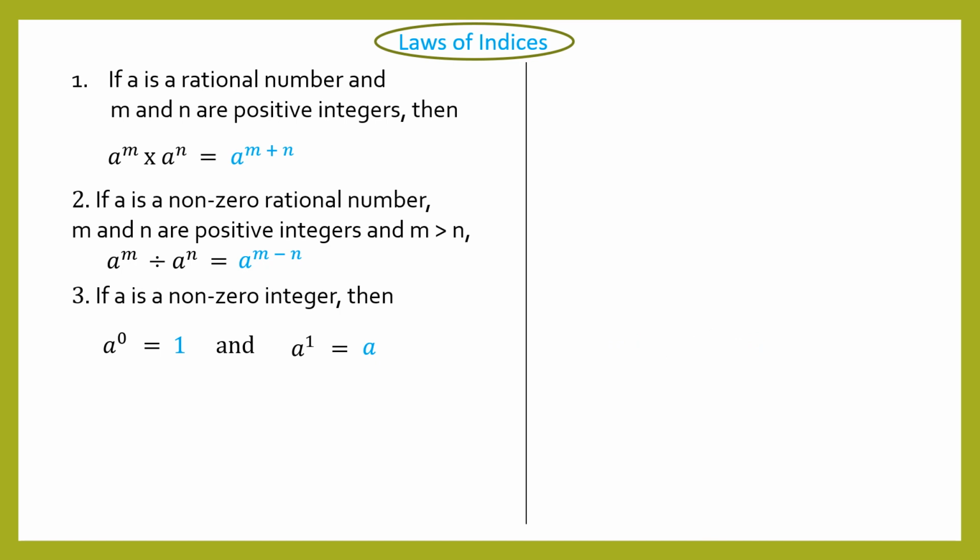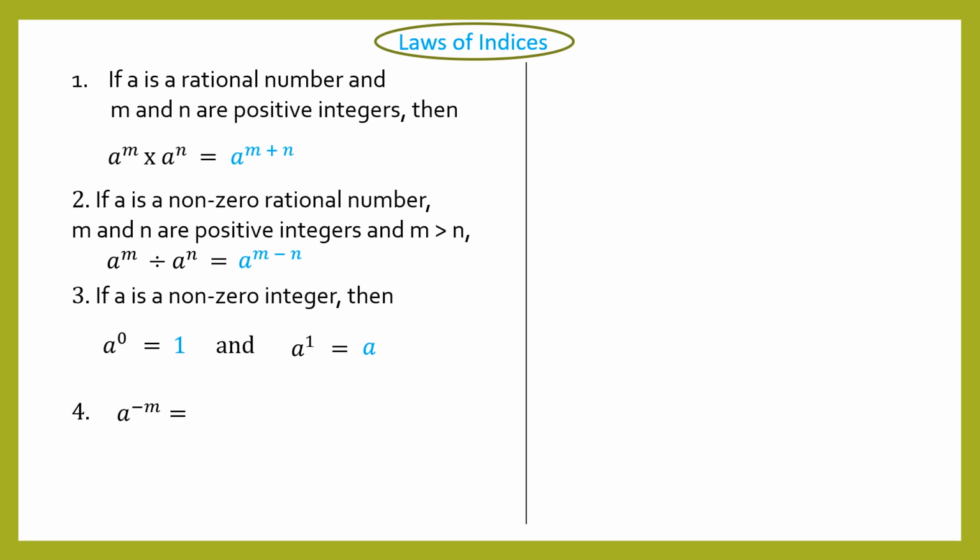Let's see the next law. A raised to minus m, that is a number raised to a negative power. Let's see an example. 3 raised to minus 2 will be equal to 1 upon 3 raised to 2.